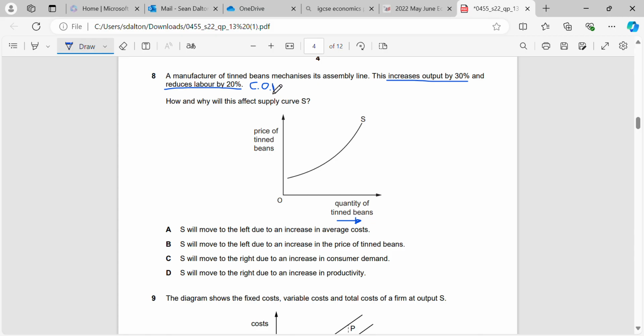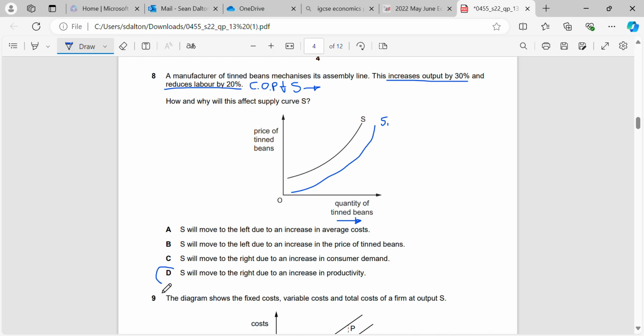Now what happens if we're making more tinned beans, and what we know about our supply curve is that when the cost of production comes down, the supply curve will shift to the right, because we can produce more at a cheaper price. So what our curve will look like, we'll have an S1 movement here, the price of the product will come down, and the quantity that's being sold or supplied will increase.